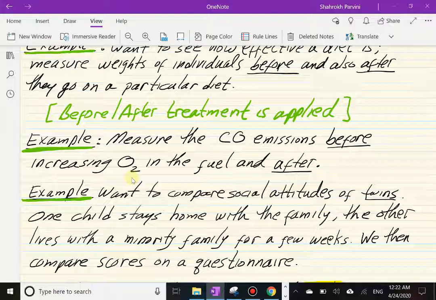So we can have one child stay home with their family, and send another child to live with, say, a minority family for a few weeks, and then compare the scores on a questionnaire. Again, the idea is to measure and compare the social attitudes of these two twins.